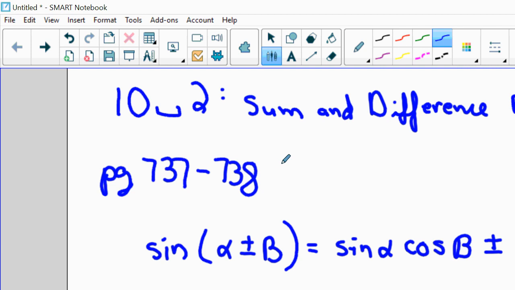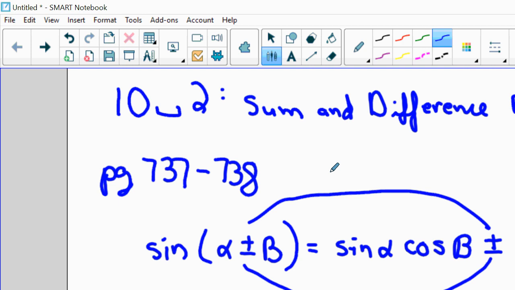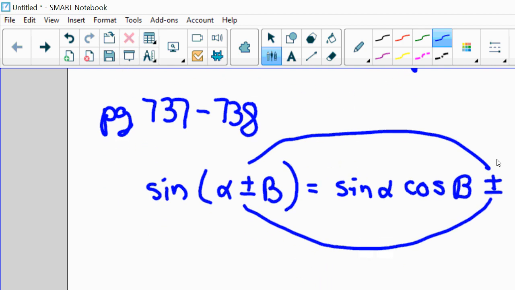So I go sin cos alpha beta beta alpha, plus goes with plus, minus goes with minus, even though I'm not supposed to say sin cos. It's sine of alpha cosine beta. But it does sound pretty cool. Sine of alpha plus beta is sin cos alpha beta beta alpha with a plus.